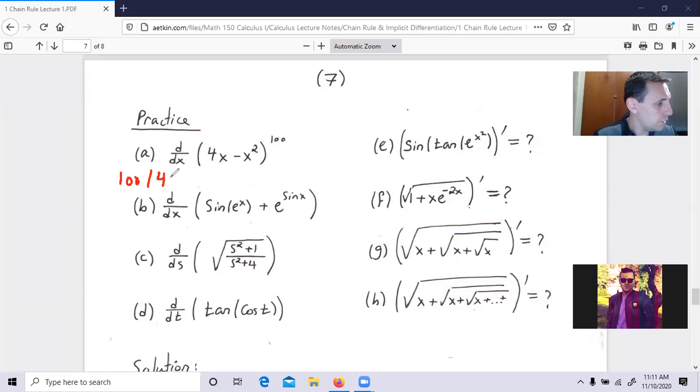So it's 100 times (4x minus x squared) to the 99th, multiplied by (4 minus 2x). Yes? So that's what we have.